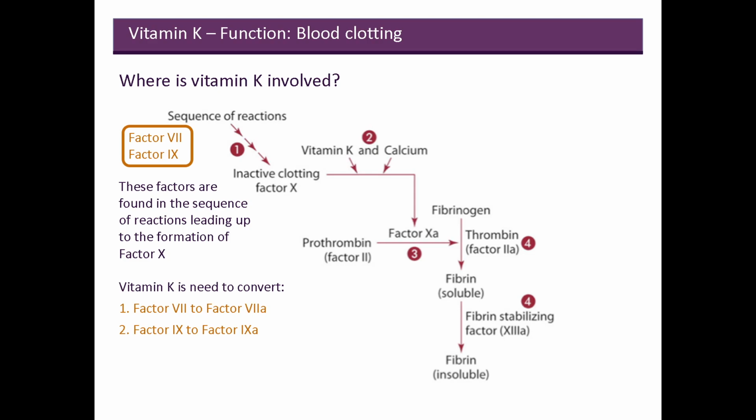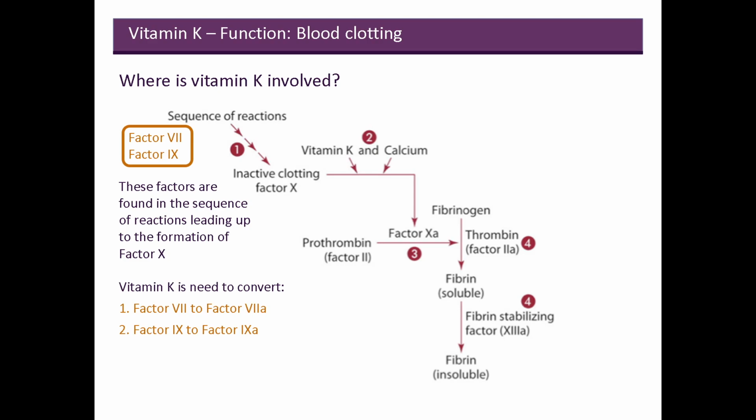So, along with what this diagram shows, vitamin K is also involved in the reactions to make factor 7 and factor 9 into their active forms. So as you can see at the bottom left there, vitamin K is needed to convert factor 7 to factor 7a and factor 9 to factor 9a.